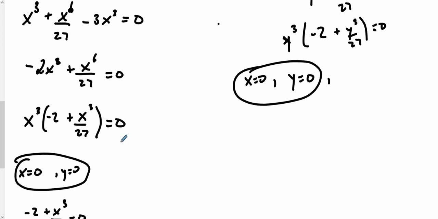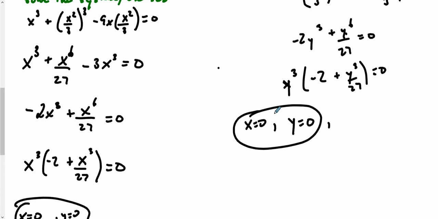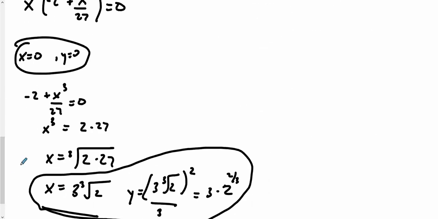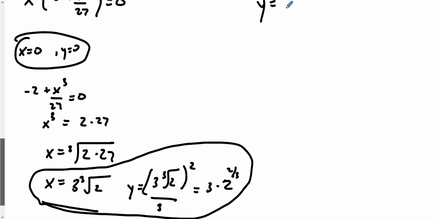All right, when we have this, there is another point, and what is y going to equal? Well, we know x equals that, so I know that y, when I solve it, is going to equal 3 times the cube root of 2.